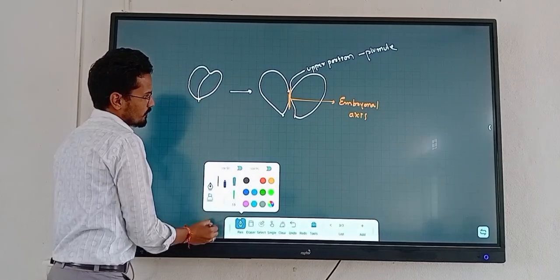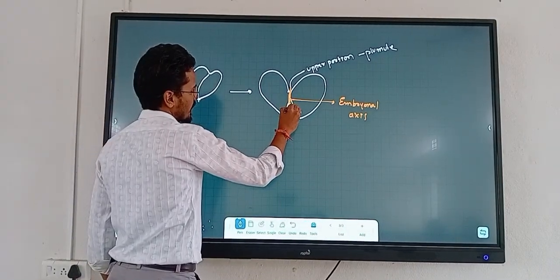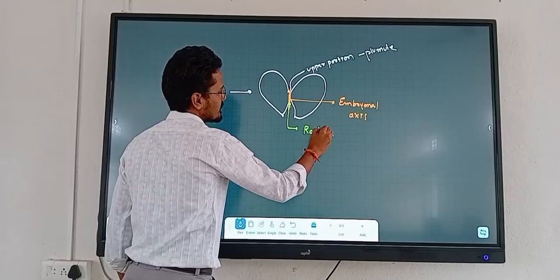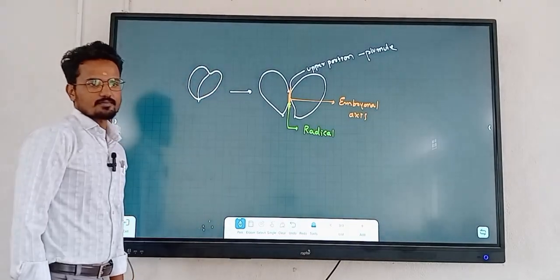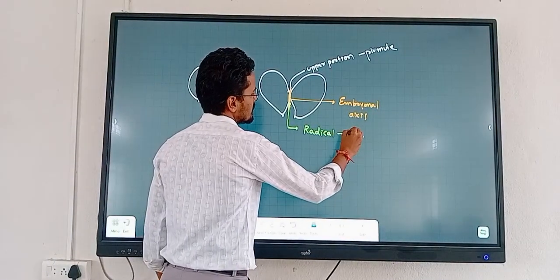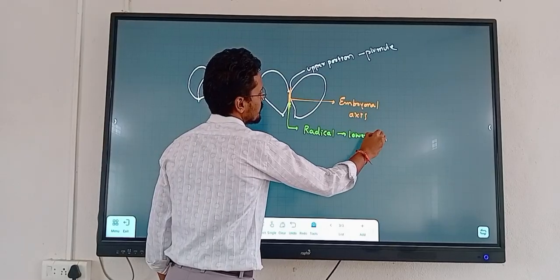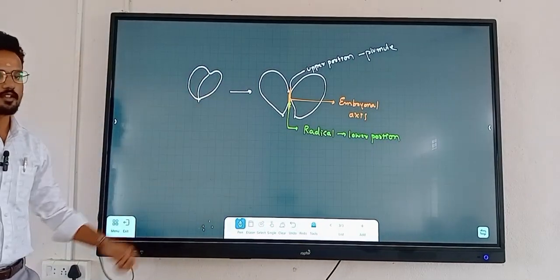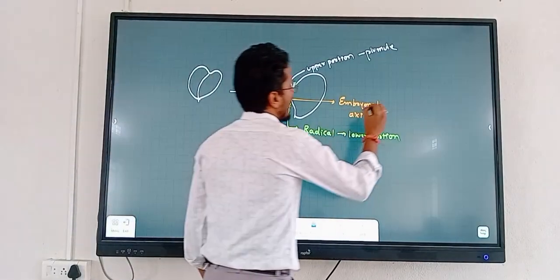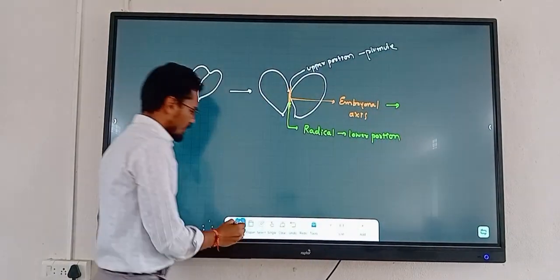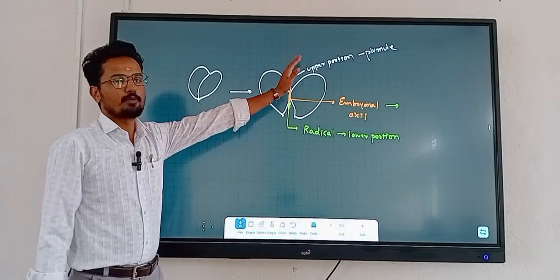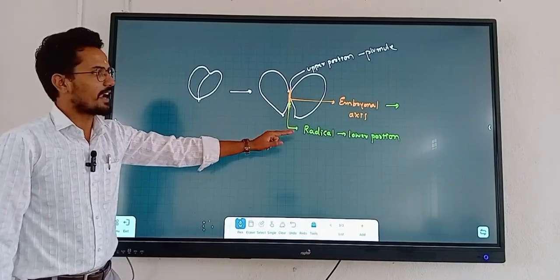The lower portion of this embryonal axis is called the radicle. From this embryonal axis, or you can say embryo, which has two parts, the ascending part is the plumule and the descending part is the radicle.